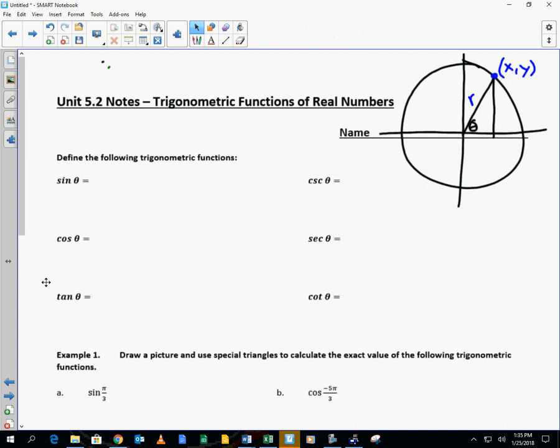Question is, how do we define sine? So SOHCAHTOA comes to mind. Again, I told you I never learned SOHCAHTOA. I'm not going to start by teaching you SOHCAHTOA right now. We'll do it on Monday, okay?